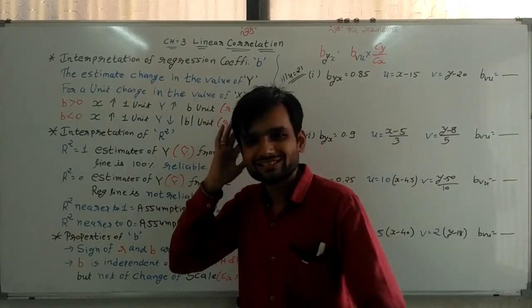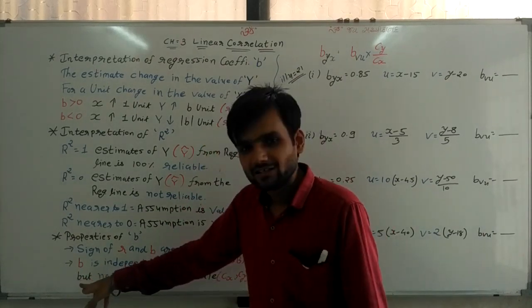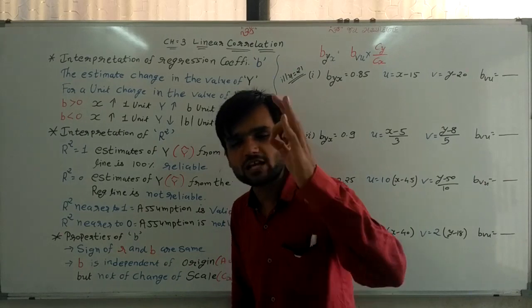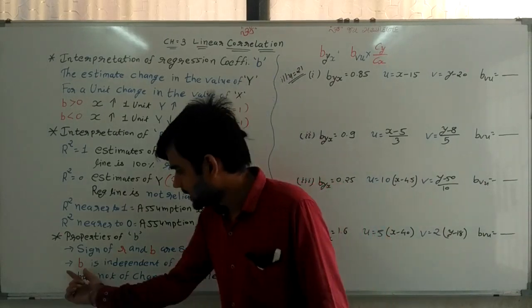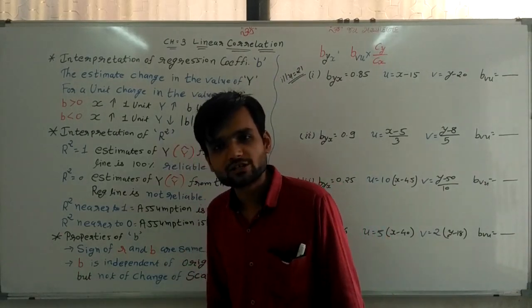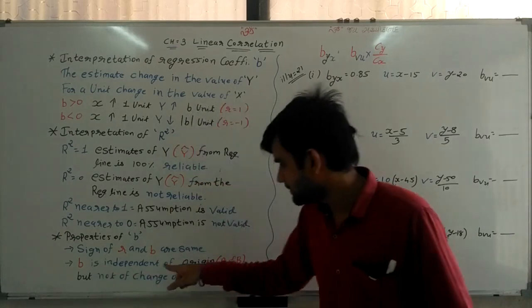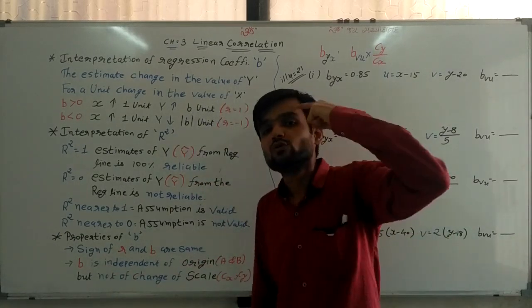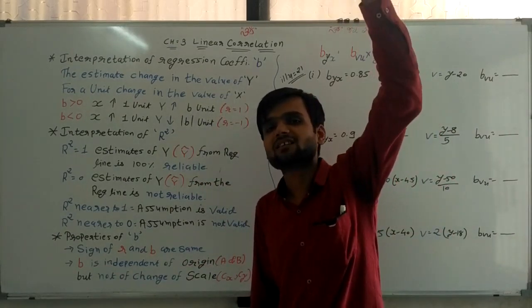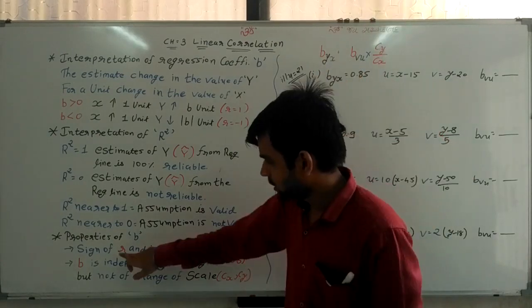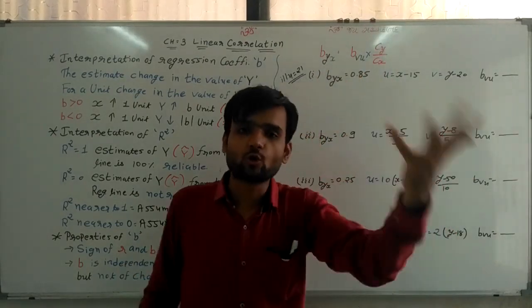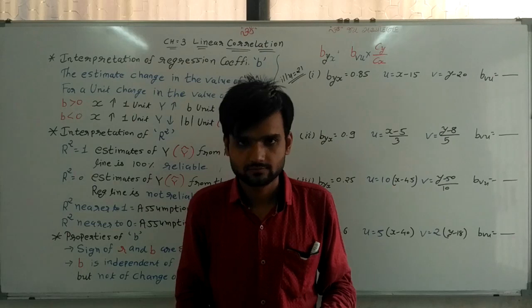Sir, going ahead. The second property, the most important property: the value of B, the regression coefficient, is independent of origin. Now remember, in the last chapter, the value of R is independent of origin and scale both.